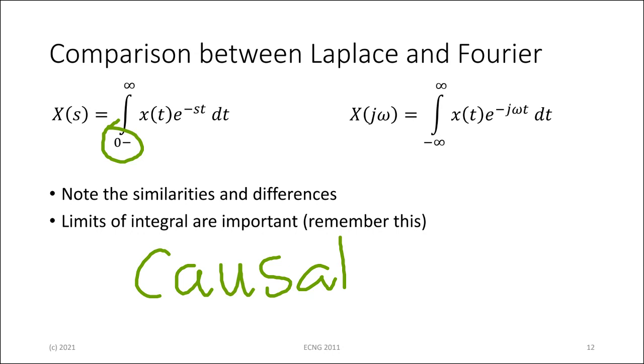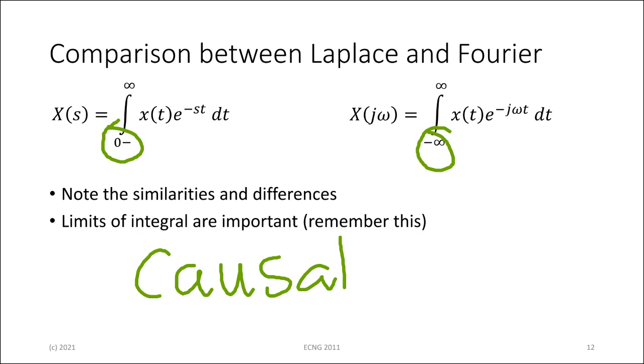As we said, we integrate a minuscule time before 0, so that if the signal changes at 0, for instance a unit step, we catch it in the integration, so we're not integrating at the same time the signal is changing. The Fourier transform, because it's derived from the complex Fourier series, has to run from minus infinity to infinity. So that's the one major difference here.